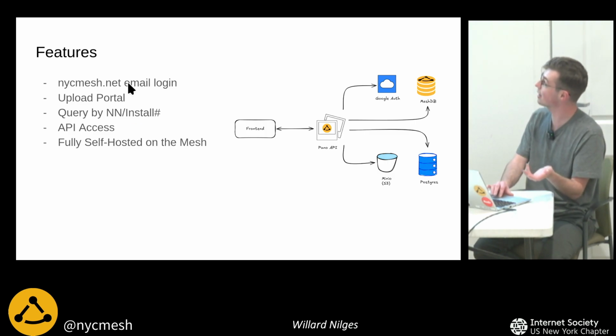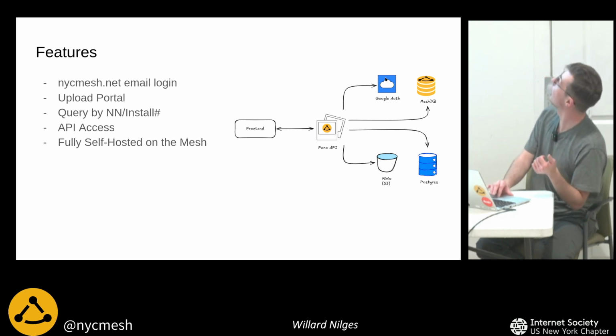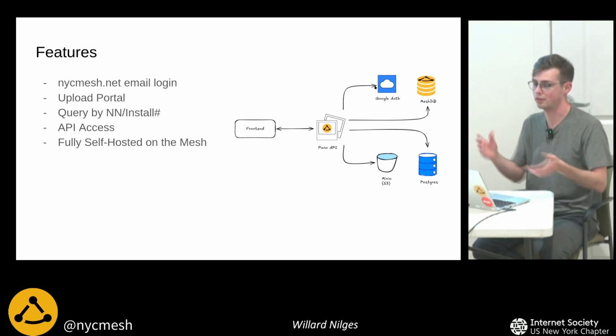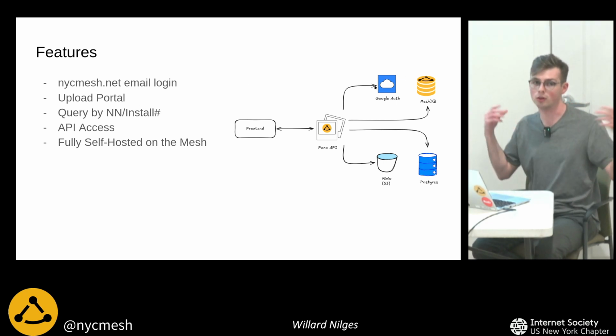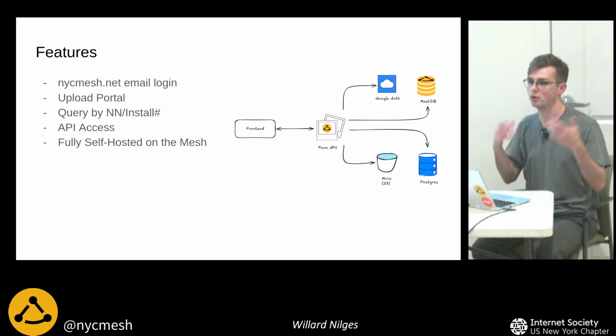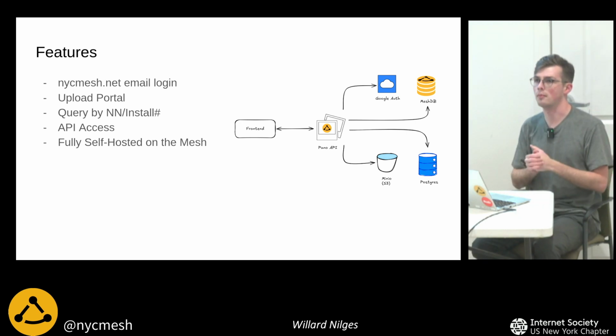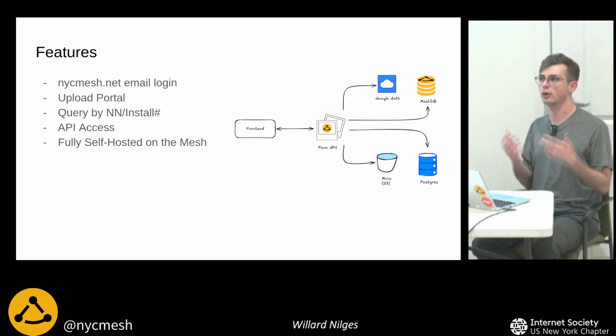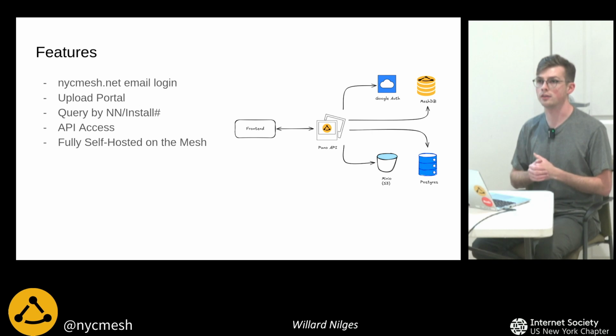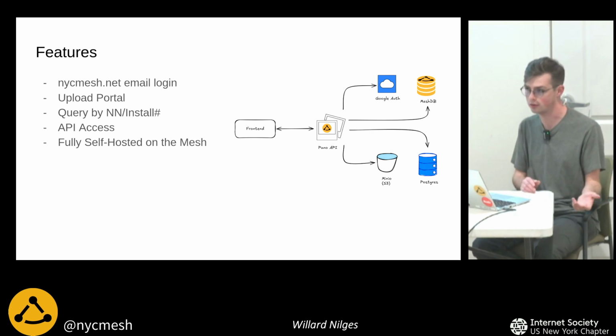Here are some cool features. So we have an NYCmesh.net email login. I integrated with Google OAuth to authenticate people against Pano to let them upload photos. This is great because the NYCmesh.net email is a relatively easy thing to get. And with Google, we can authenticate against not just Pano, but other services in the future.